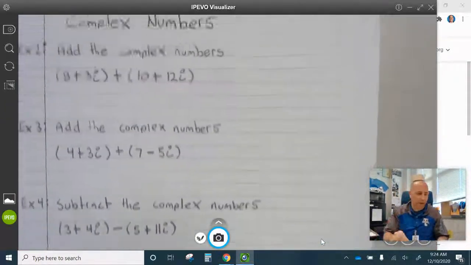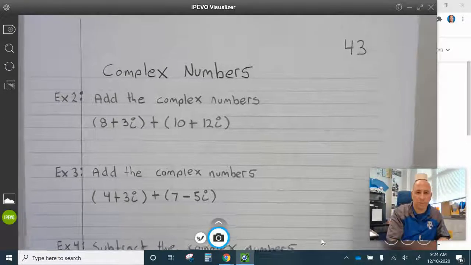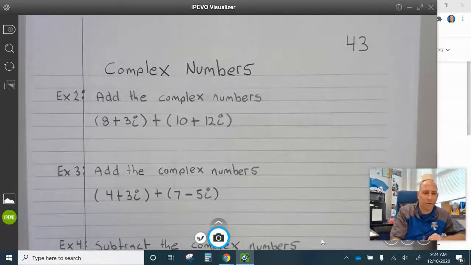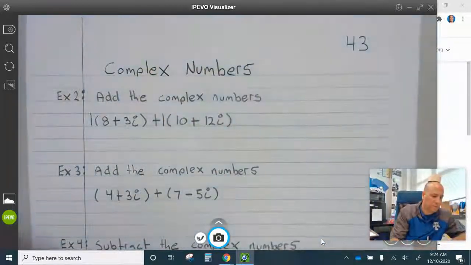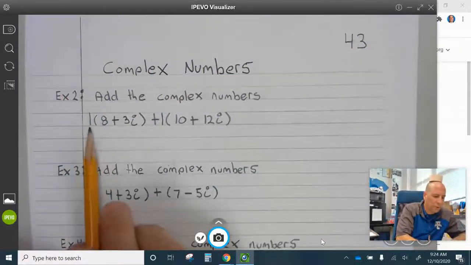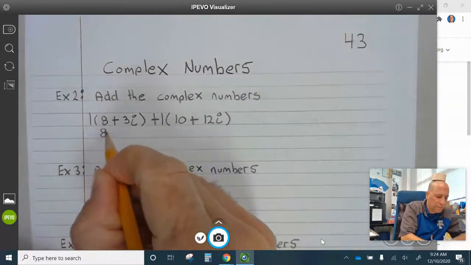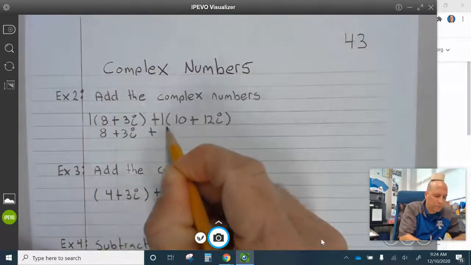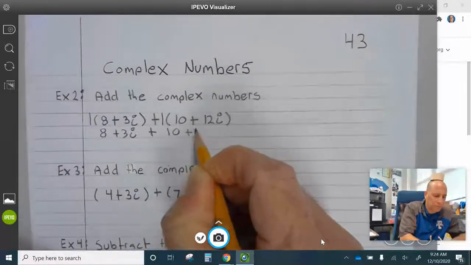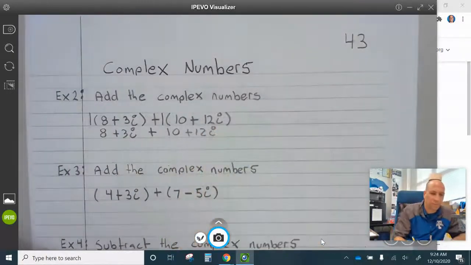Let's take a look at example 2. Add the complex numbers. Okay. Now put a 1 in front of the parentheses. So if you multiply by 1, that's 8 plus 3i plus, multiply by 1, 10 plus 12i. Okay.